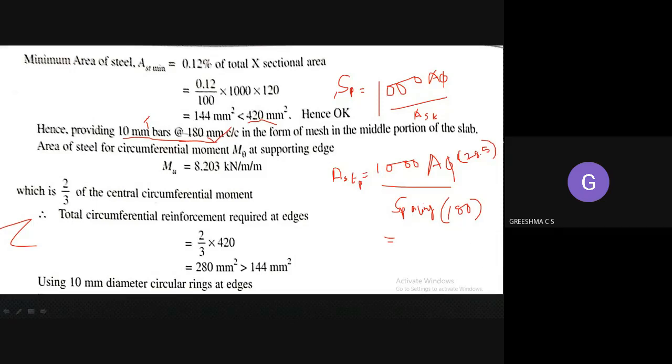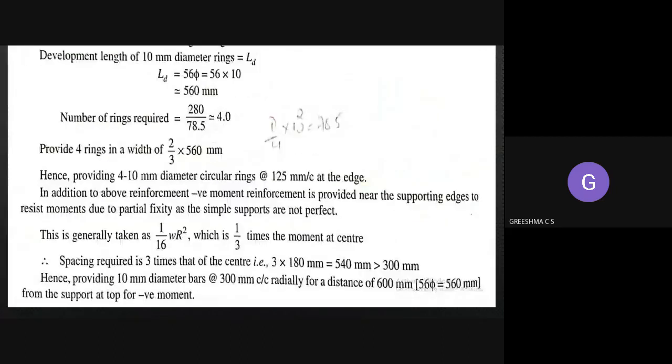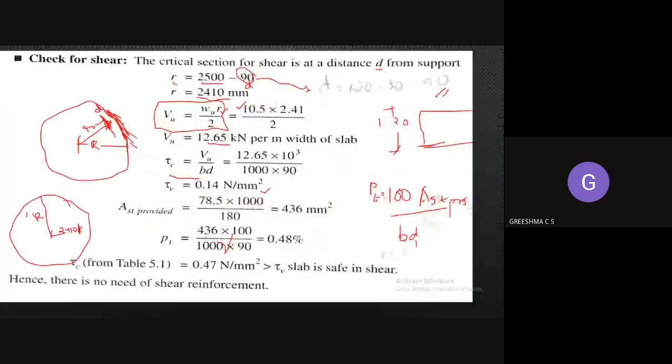AST provided is equal to 1000 A5 divided by spacing, that is 1000 into 78.5 divided by 180. So AST you will get as around 436 mm square. See the difference.